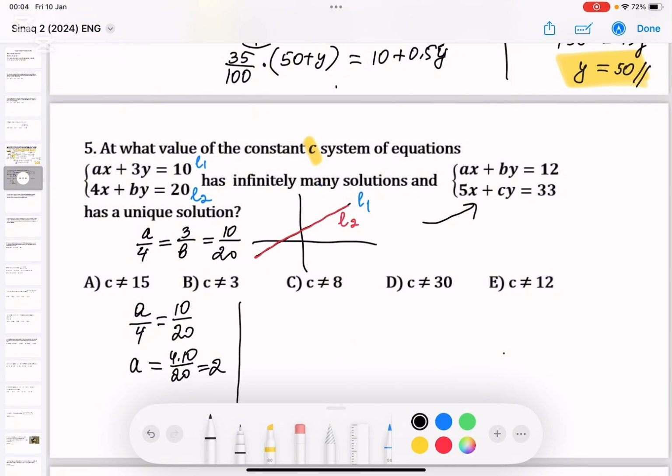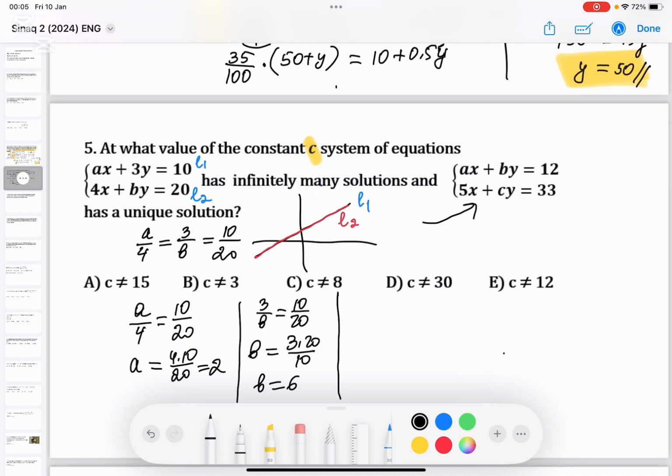Then, using the second ratio and the third ratio, 3 over b equals 10 over 20, we find the value of b, which is 3 times 20 divided by 10, equal to 6. Now, we are done with the first part of the question. We found a and b.